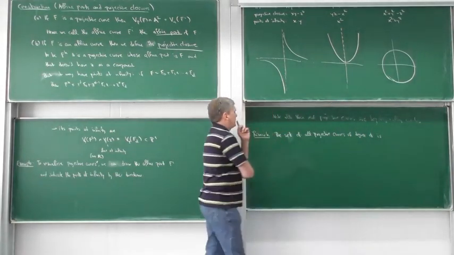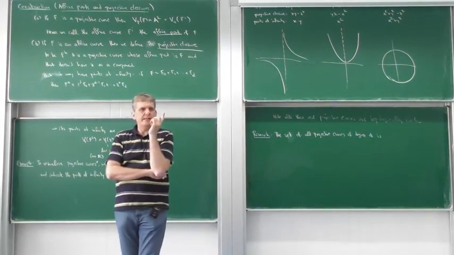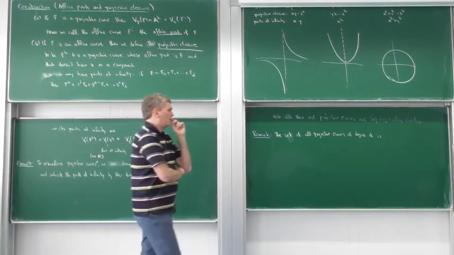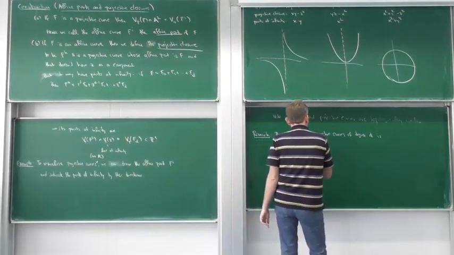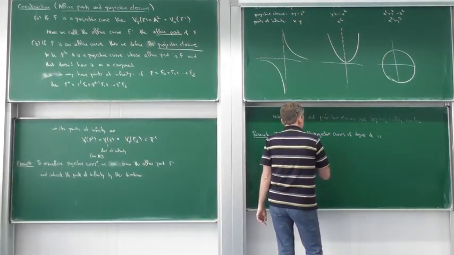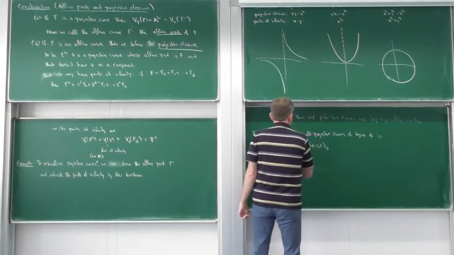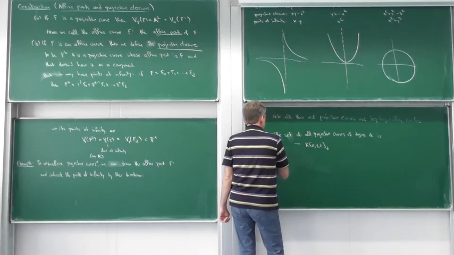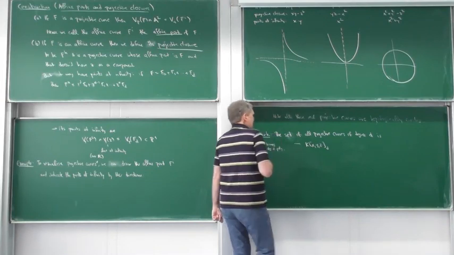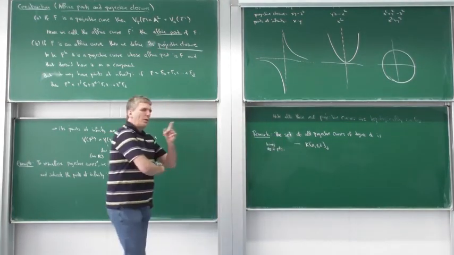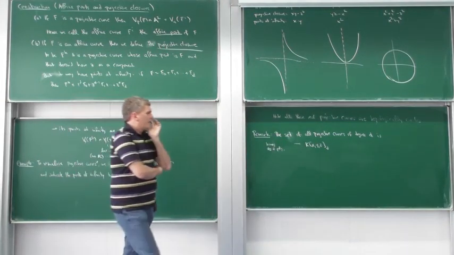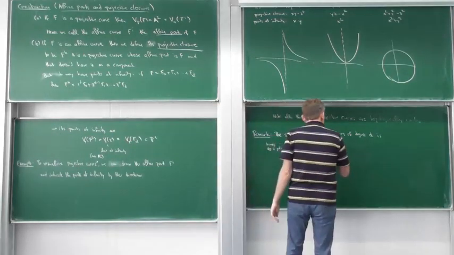So a projective curve of degree d is given by a homogeneous degree d polynomial. So you would start with k[x, y, z]_d, which should denote homogeneous degree d polynomials. But we don't want it to be a constant one, so we have to take out the 0, right? So that's without 0.